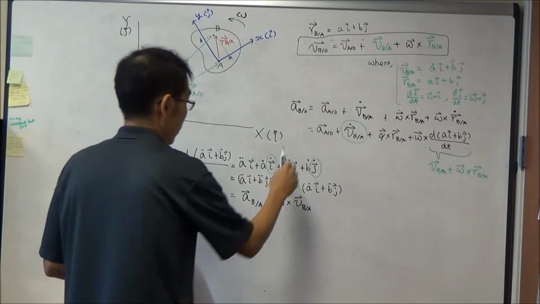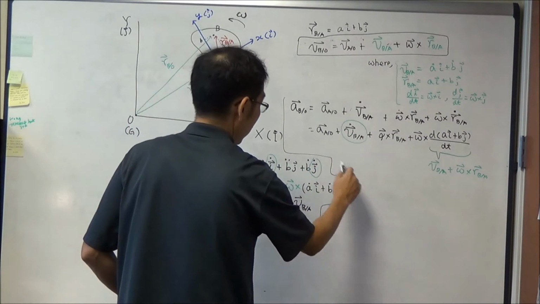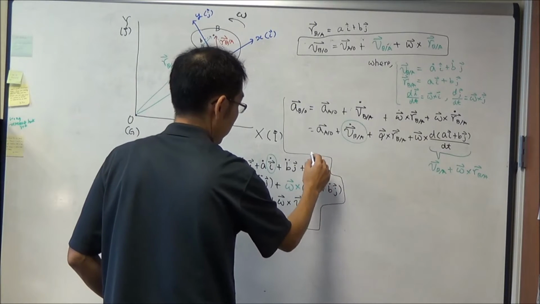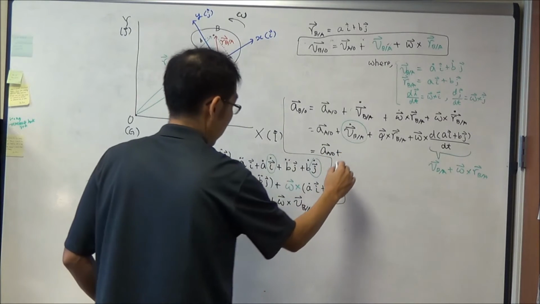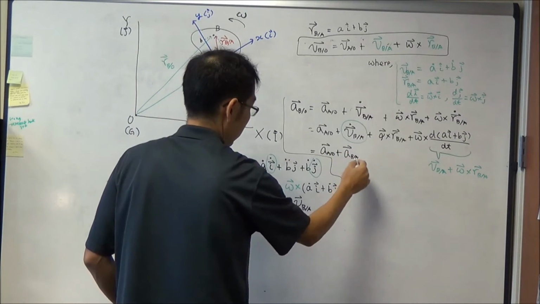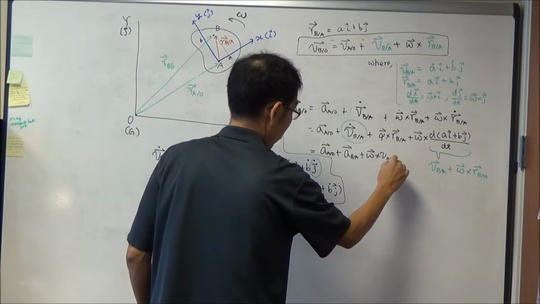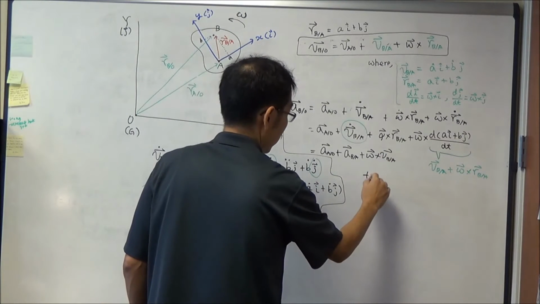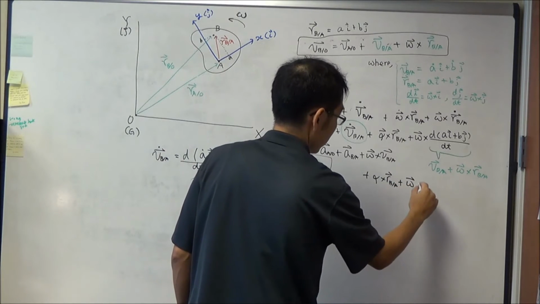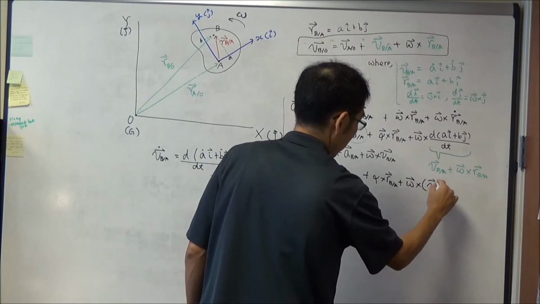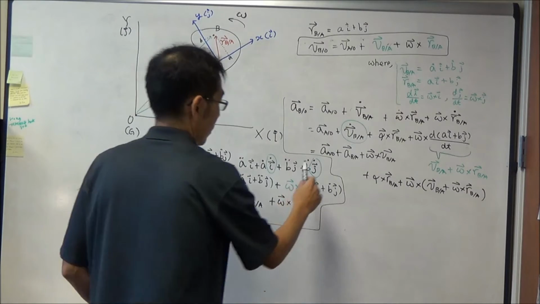If I substitute this, this is the acceleration of B with respect to A, and plus omega cross V_BA, and plus alpha cross R_BA, plus omega cross product this one.